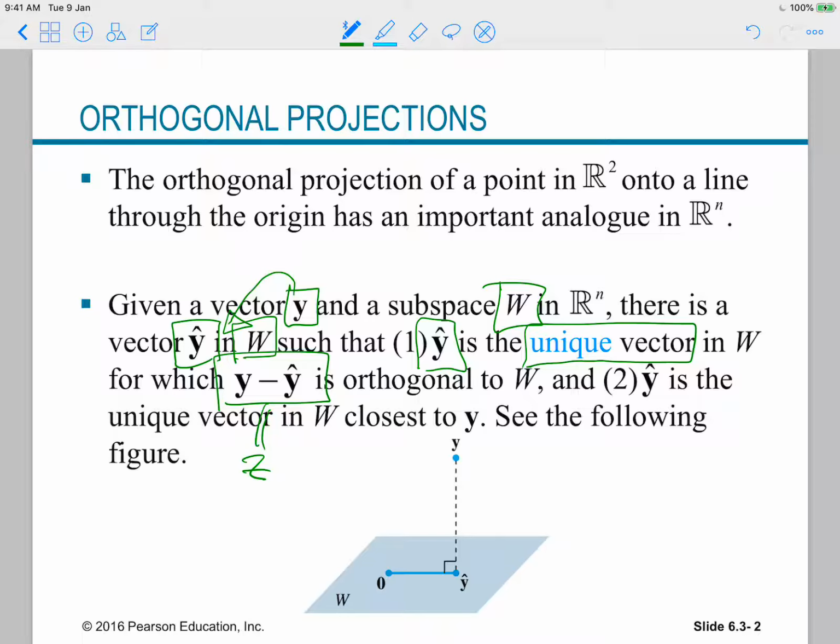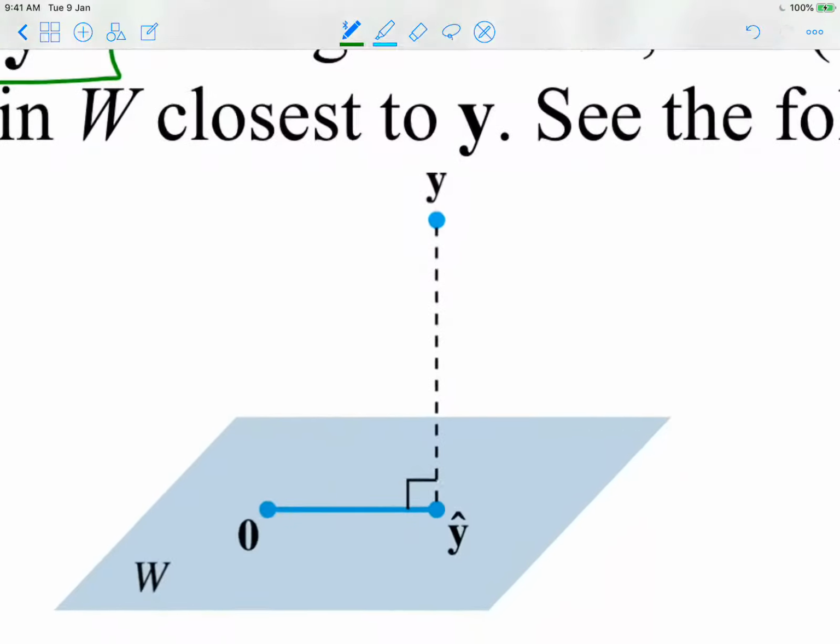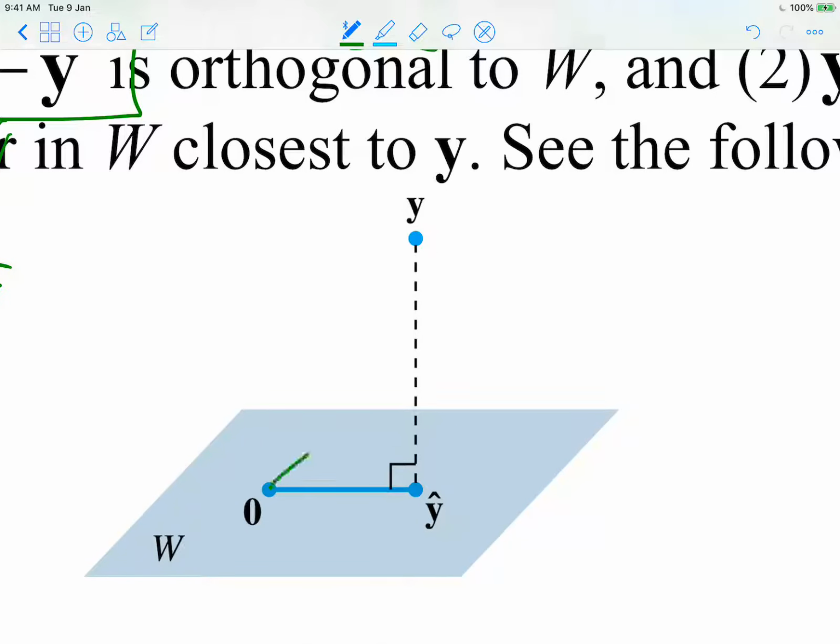Okay, and in this case, we can imagine this U1 and maybe U2.